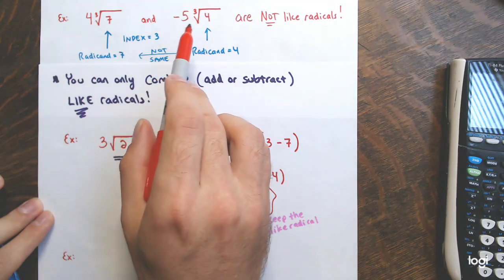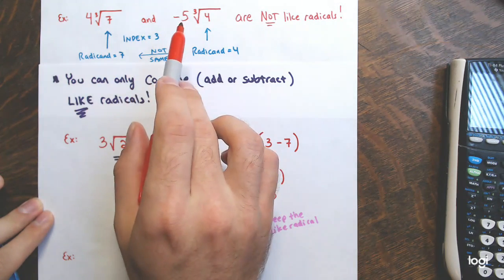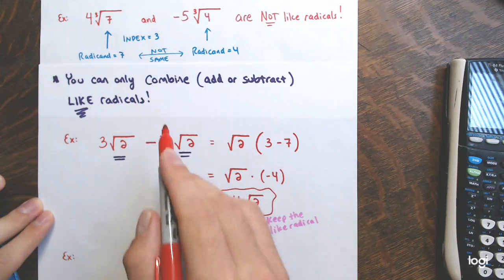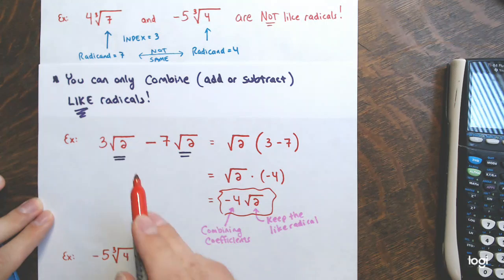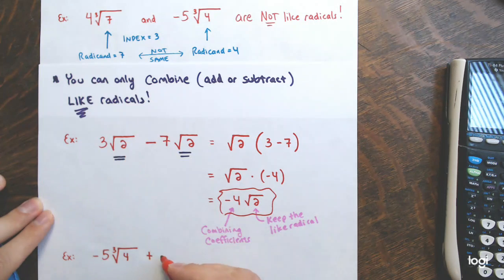What if I asked you to add these two? How about I take negative 5 times the cube root of 4, and then add to that plus 4 times the cube root of 7.